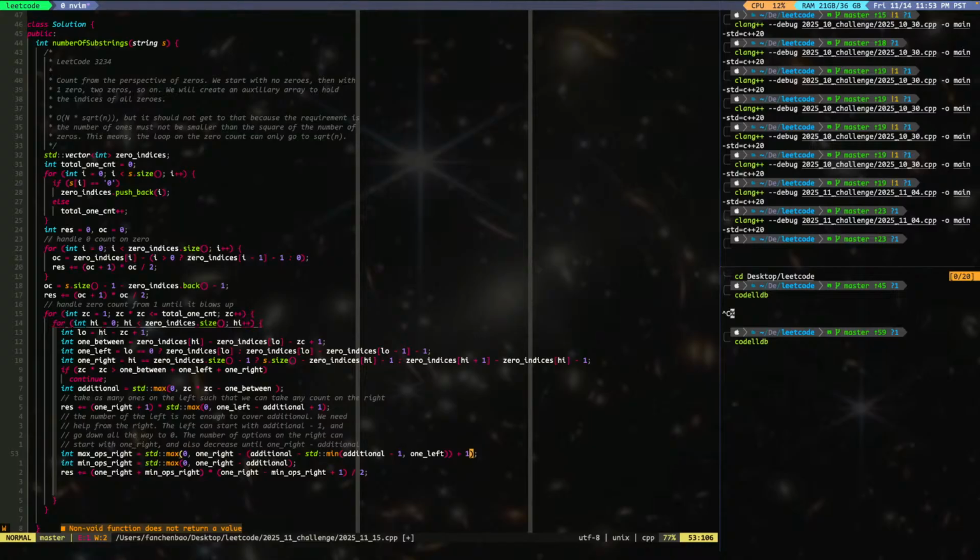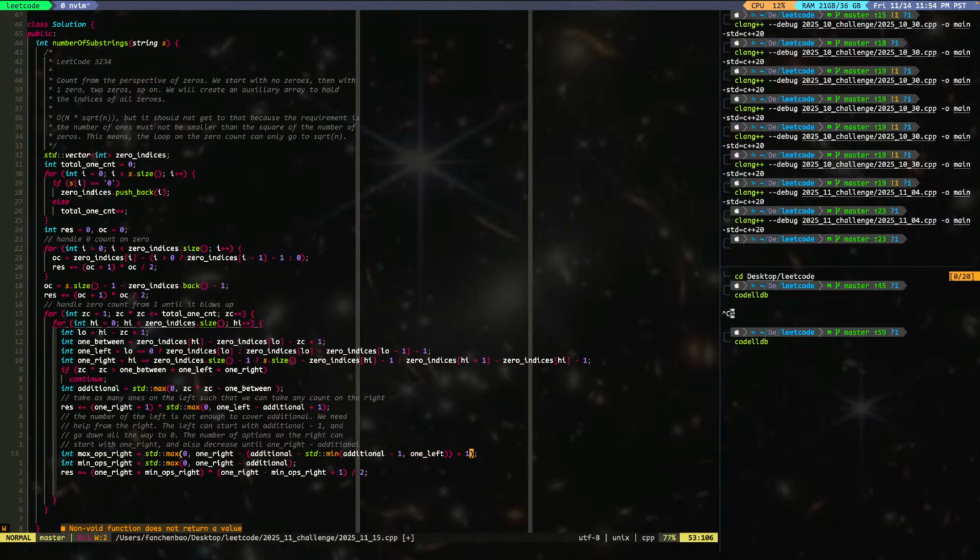It could be 0, like if 1 right minus whatever this is is not going to be right. Like if additional minus this is the minimum needed, right? And then the minimum needed is going to be a big value, right? And then we cannot supply it, right? We cannot supply it, which means if we take everything on the left, but it's still not enough, then it's going to be a 0 max operation.